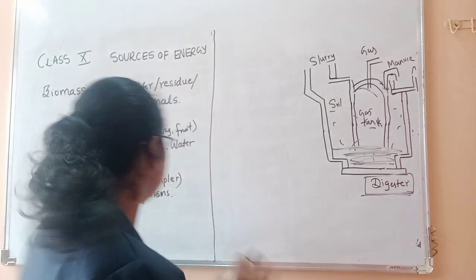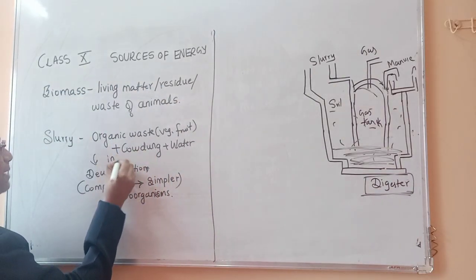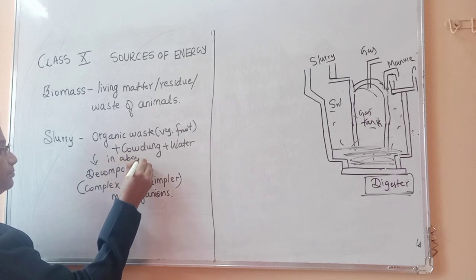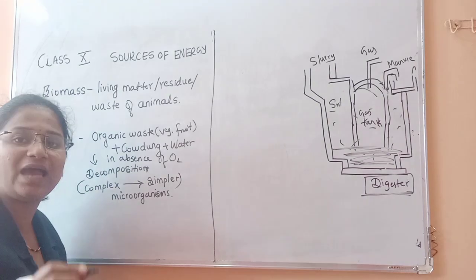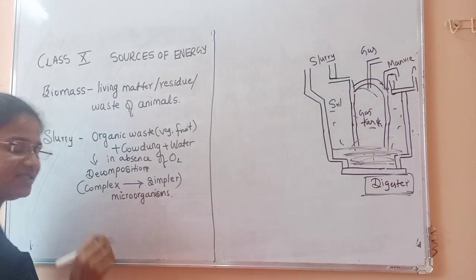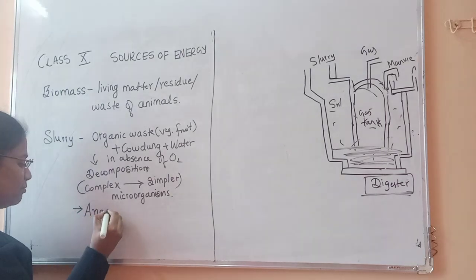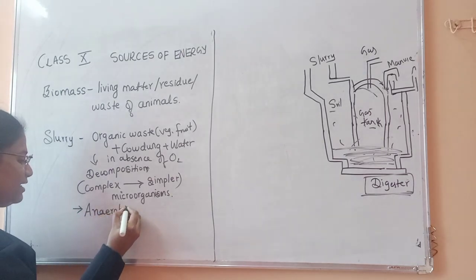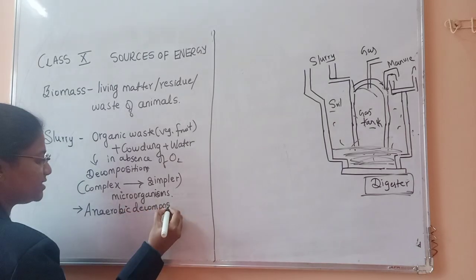But remember, this step occurs in the absence of oxygen. The decomposition happens in the absence of oxygen by the action of microorganisms. So this is called anaerobic decomposition of organic waste.